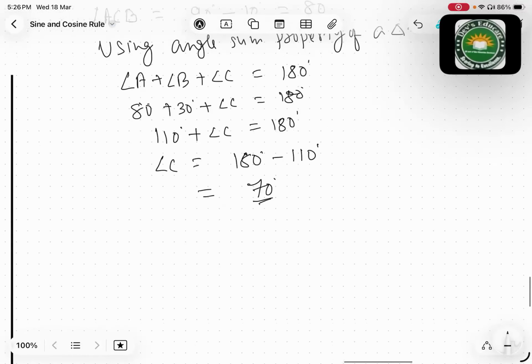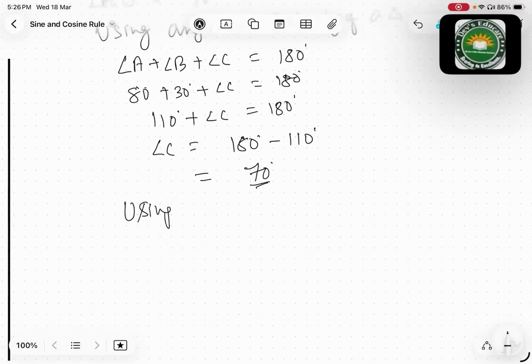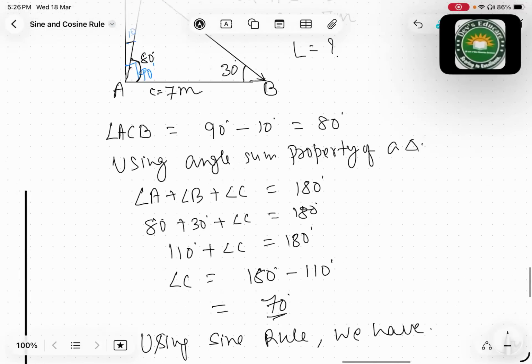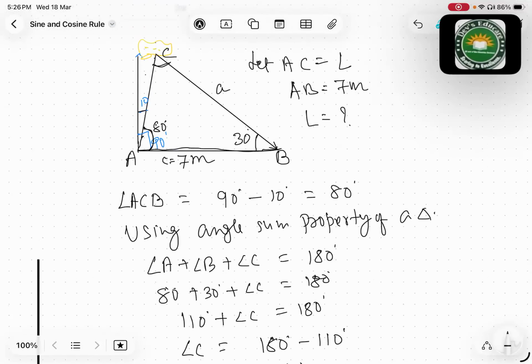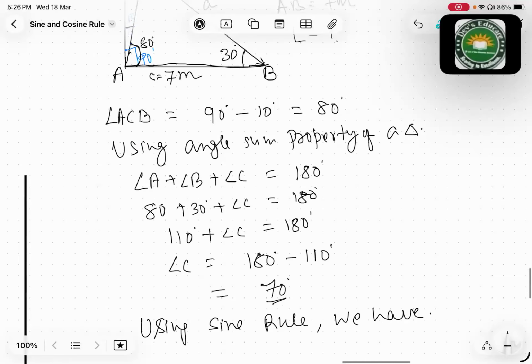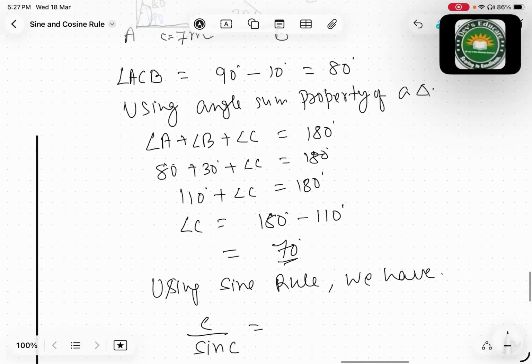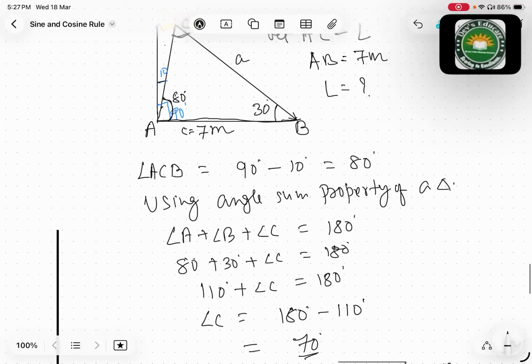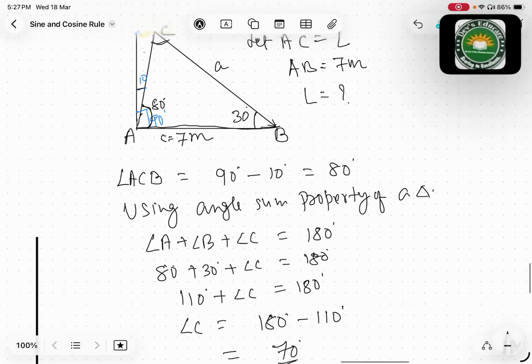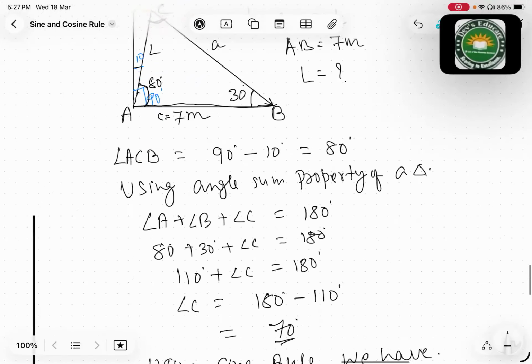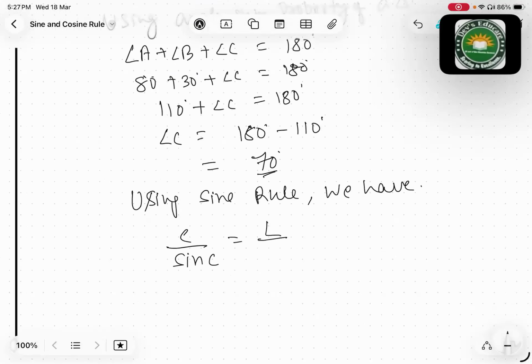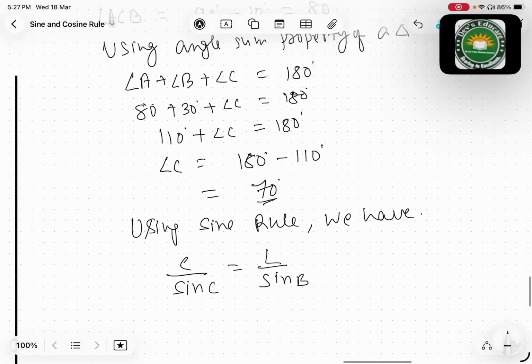So using the sine rule, we have c over sine C equals L over sine B, where L is AC. So c over sine C equals L over sine B. c is 7 meters.